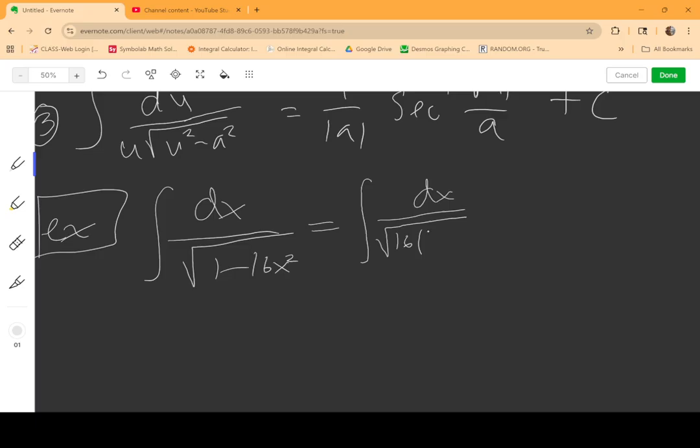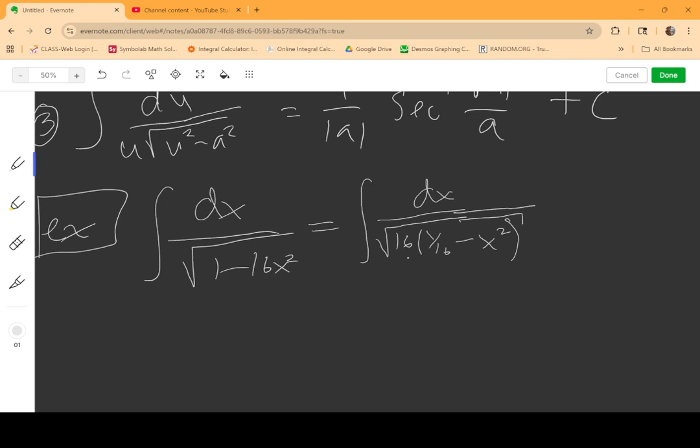Now in doing that, I have to make sure I don't change the value of the function. So I'm going to have something like this. Notice if I distribute the 16, I get back the same original function. So how do I factor out a 16? I divide by 16. That's essentially what's going on here. And I'm going to take out that root 16.